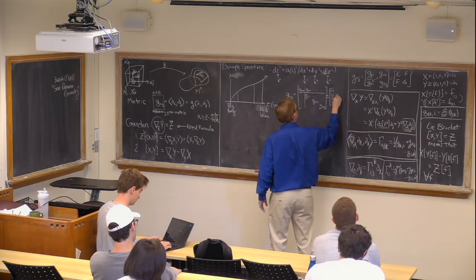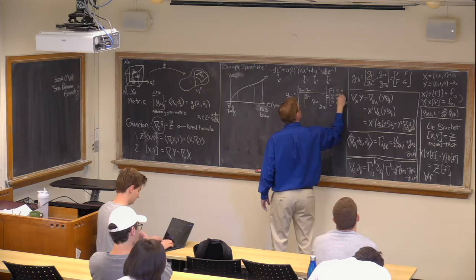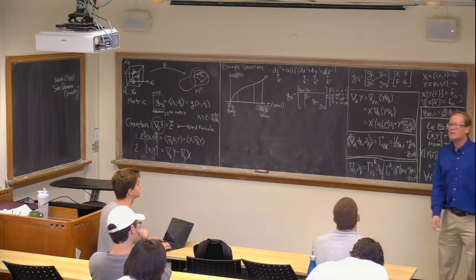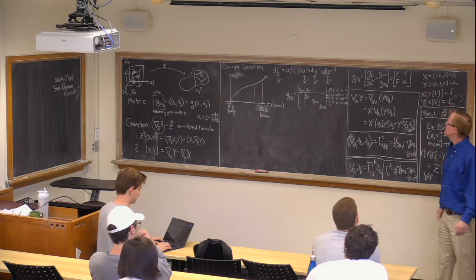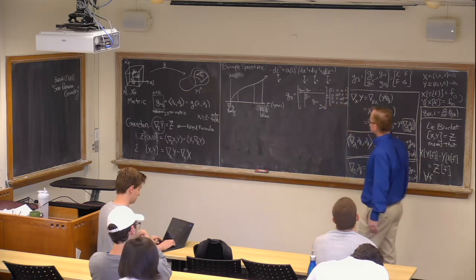And then we get an a of t squared here, an a of t squared here, an a of t squared here, and then zeros. You guys get the idea? So that's our g_ij. There are 16 of them, but it's symmetric, so actually there's only 10 independent ones. And so g02 is actually 0, and so on.